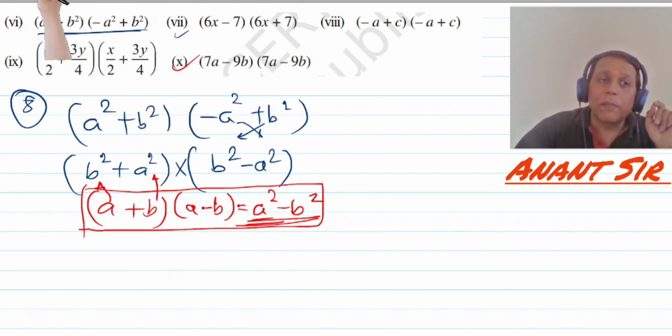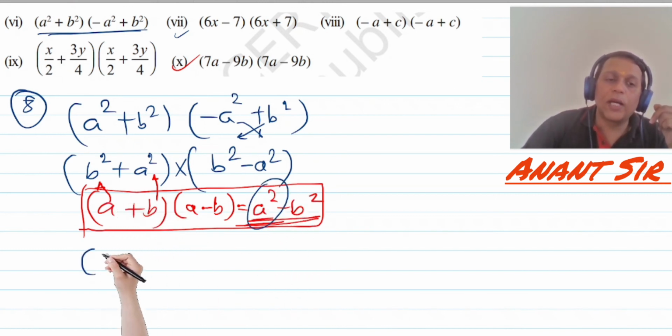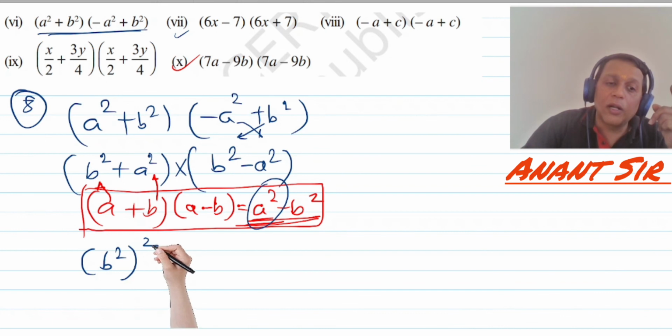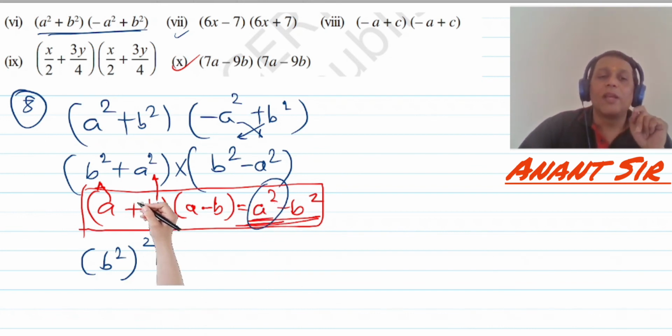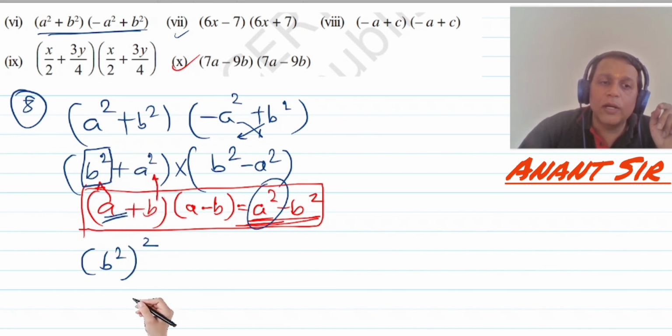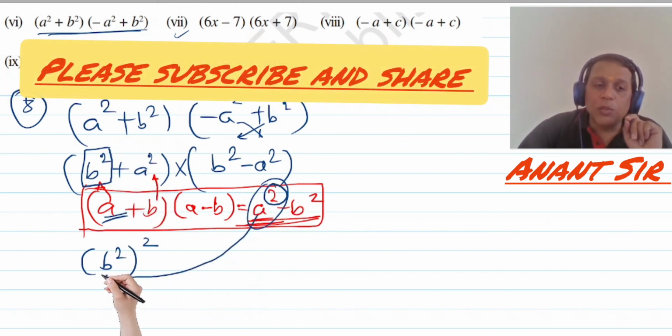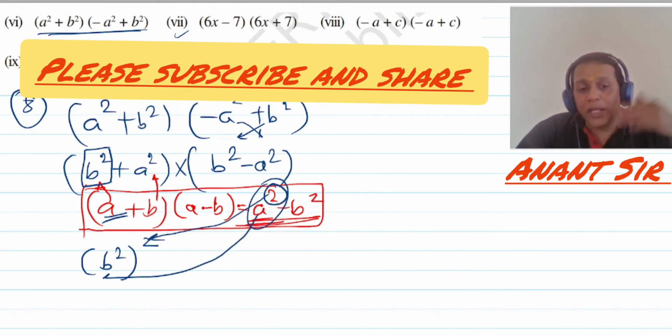I have to replace a by the first term. Okay, so a square will become (b square) to the power 2. What is a here? A is b square. So when I have to write a square, my a becomes b square and this square again comes here. So it is becoming square of square.